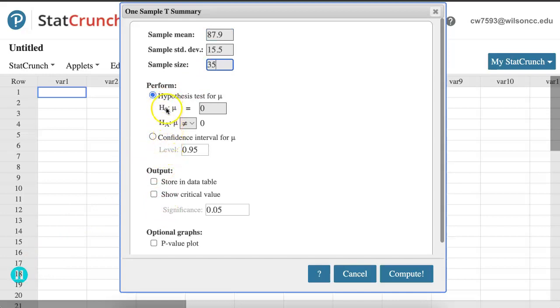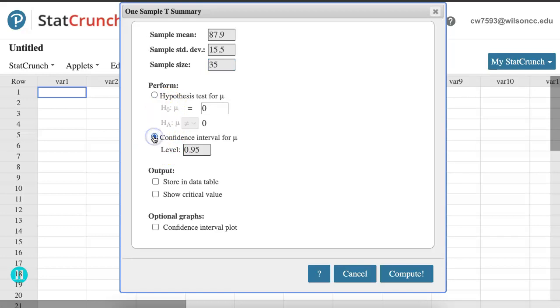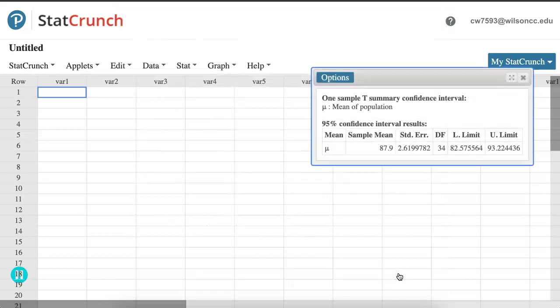Maybe later you're going to look at those, but for right now we know that we're doing confidence intervals. We are finding this estimate around this population mean. So let's select Confidence interval for μ, that's the population mean. You type in the confidence level that you want. In our case, it was a 95% confidence interval, and then Compute.